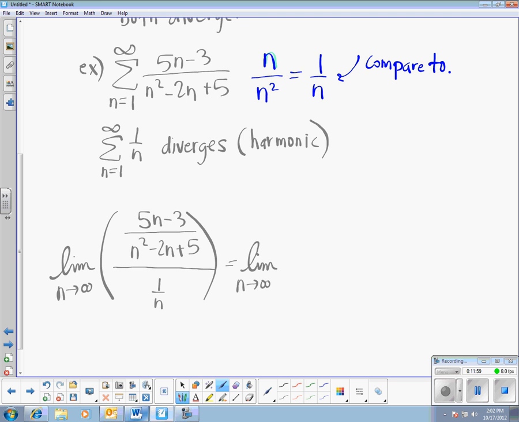The limit as n goes to infinity of 5n minus 3 over n squared minus 2n plus 5 times n over 1, because dividing by 1 over n is the same as multiplying by n over 1.